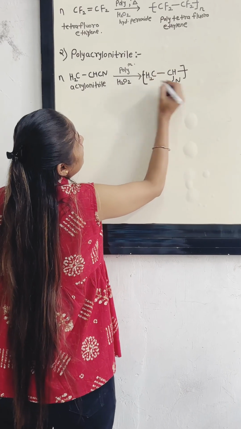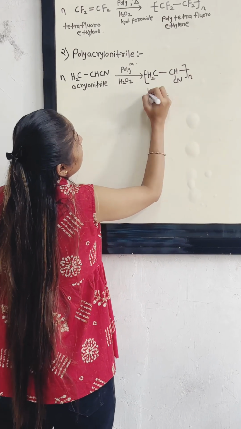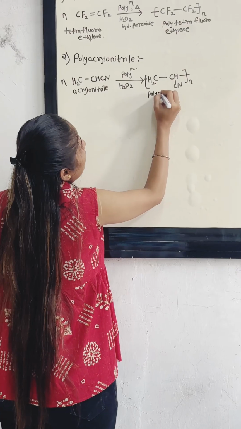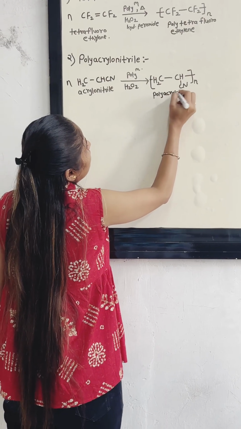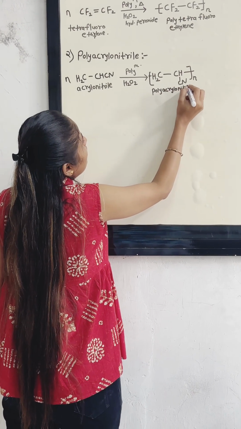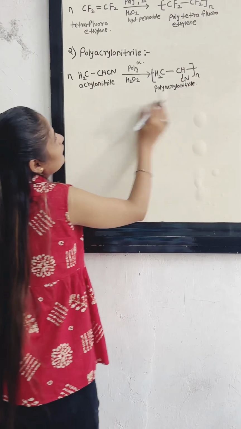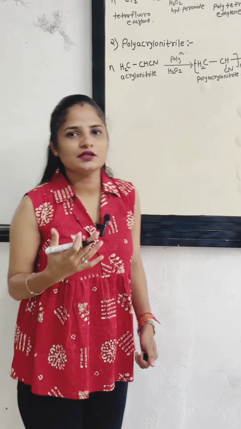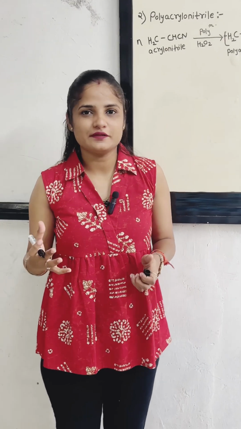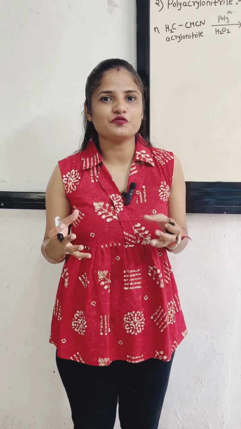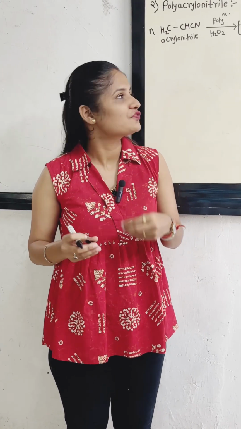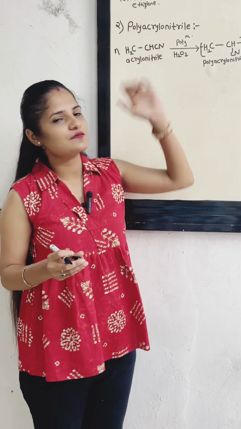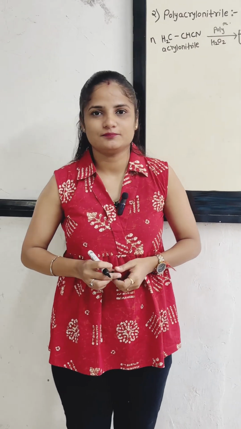Then we complete the bracket and write the n. So it is the polyacrylonitrile. Okay. So it is mainly the wool substitute. So it is used for the preparation of orlon. Okay. So that is where we use the polyacrylonitrile.